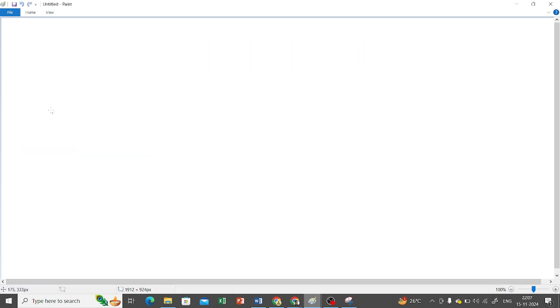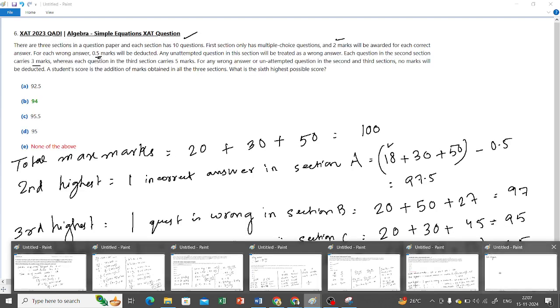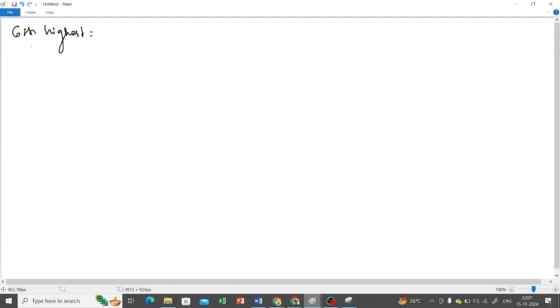Sixth highest. So what is the sixth highest? In this case, two questions wrong in section B. If you check, all questions correct in section A, that is 20. 8 questions correct in section B, so that is 24.